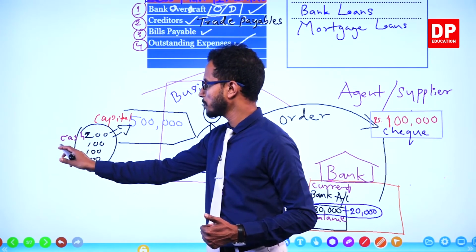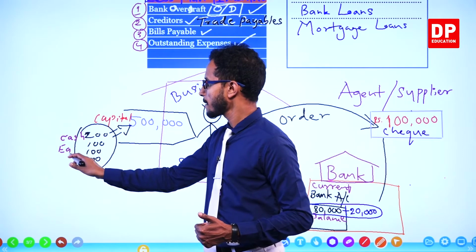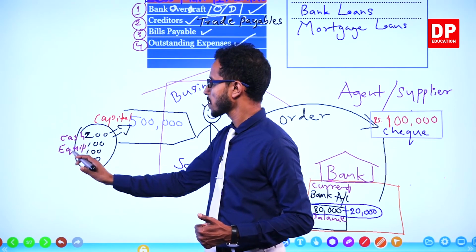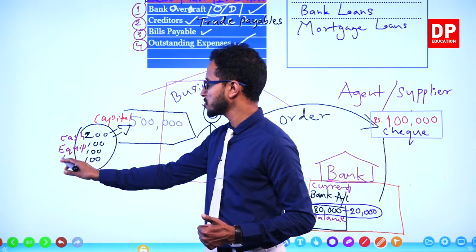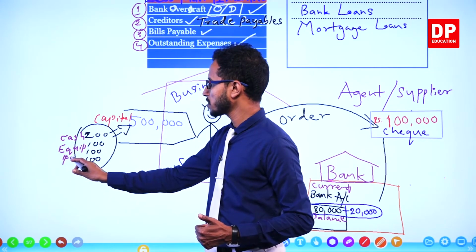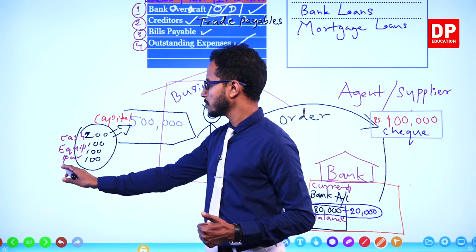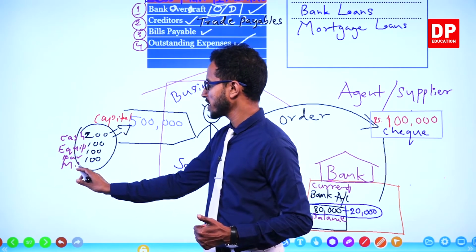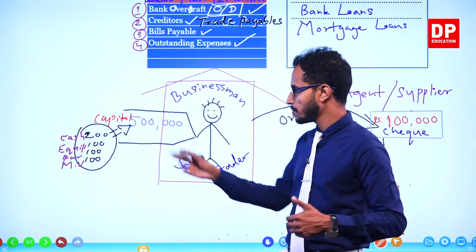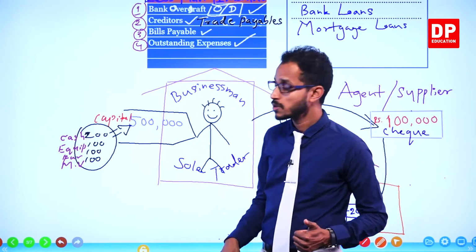100,000 worth of equipment and furniture, another 100,000 of furniture and motor vehicles. The motor vehicle may be a bike worth 100,000.